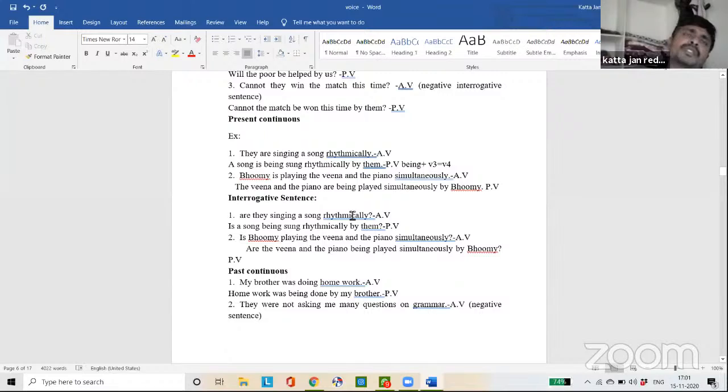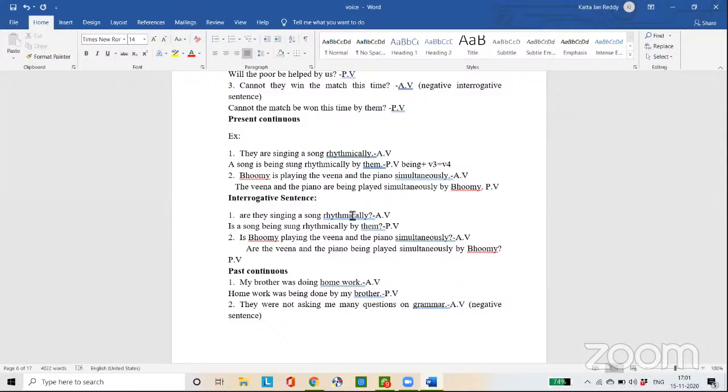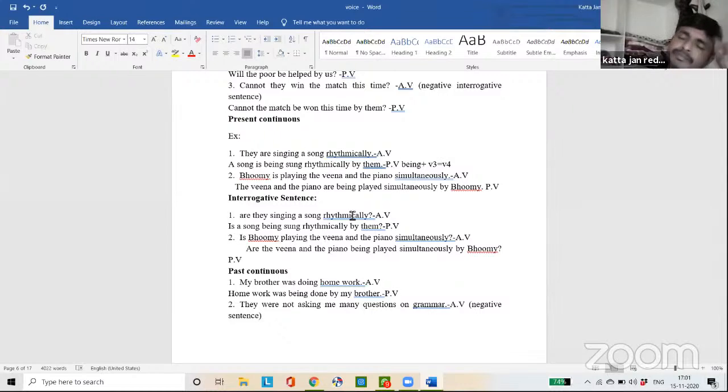There are some adverbs which do not end with ly, but generally 99% end with ly: generally, commonly, regularly, cleverly, smartly, deliciously, beautifully, wonderfully. These are all adverbs. There are some adverbs which do not end with ly, like fast, now, yesterday.